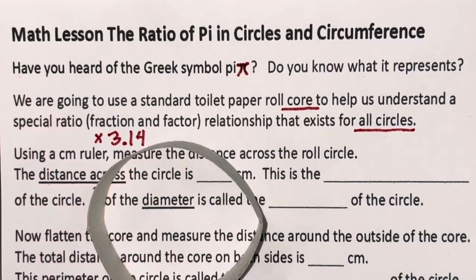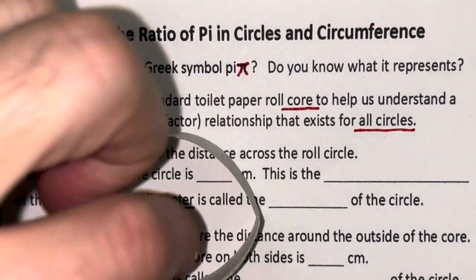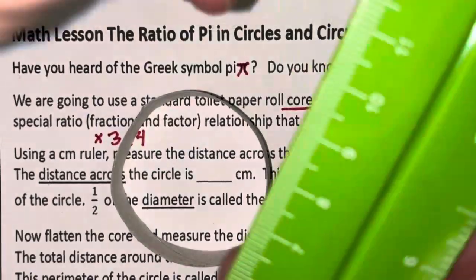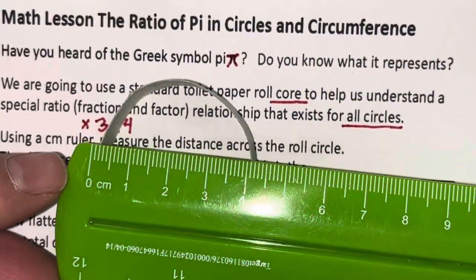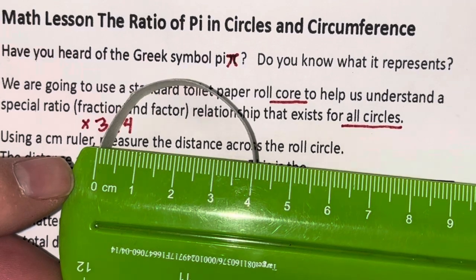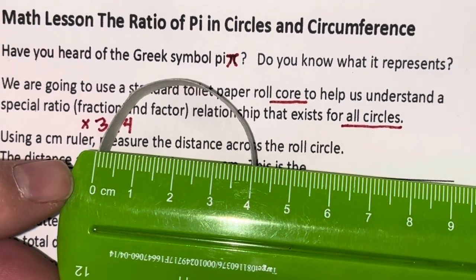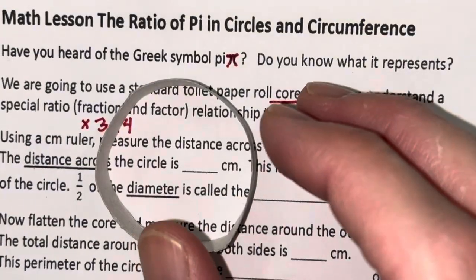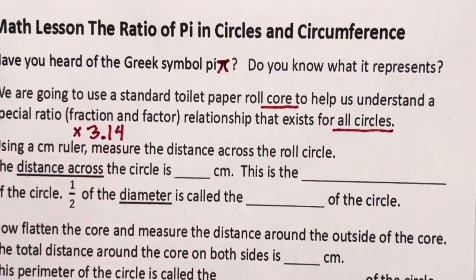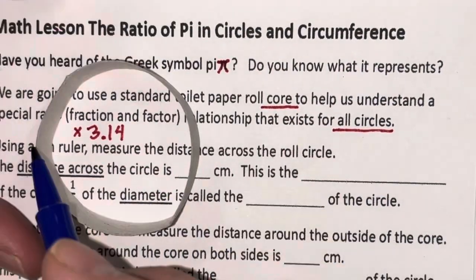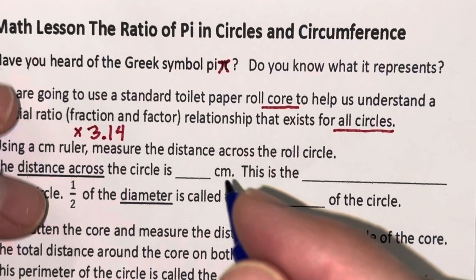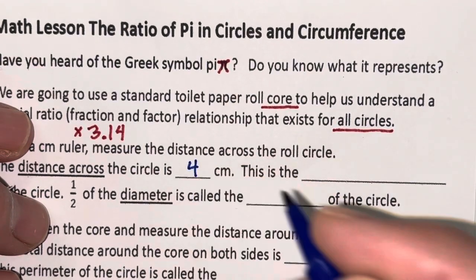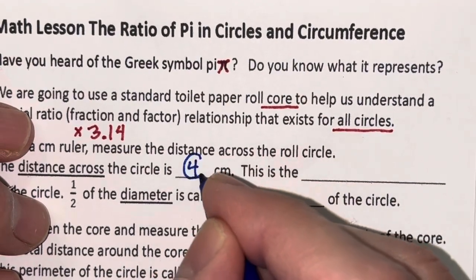All right, so we're going to use the centimeter side of a ruler, and they're a little squished, but I'm going to use this measurement here. It looks like it's right around 4. Should be 4 centimeters. So the distance across the circle, so we measure all the way across the circle, and this one is going to be 4 centimeters.